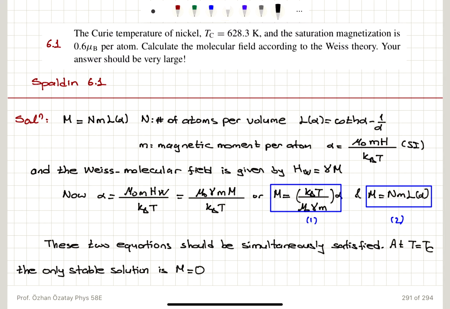So it has to be demagnetized, which means we should have the slope dM d alpha from equations 1 and 2 should be equal.